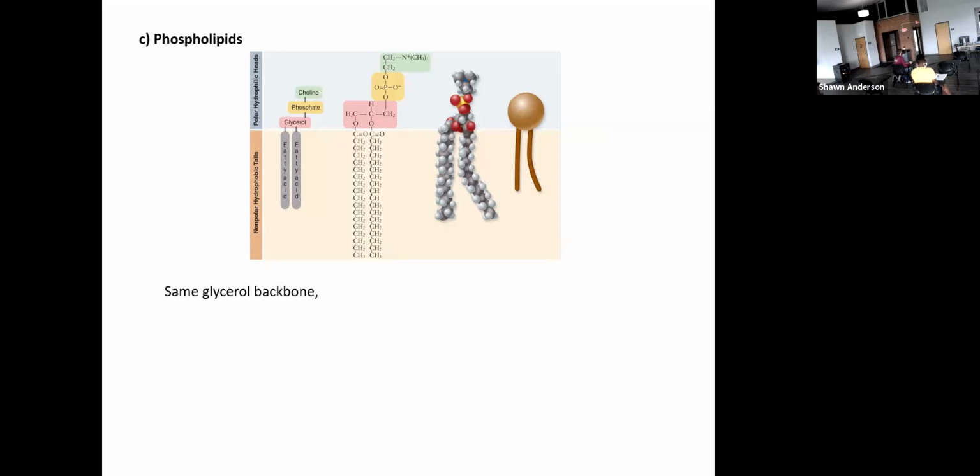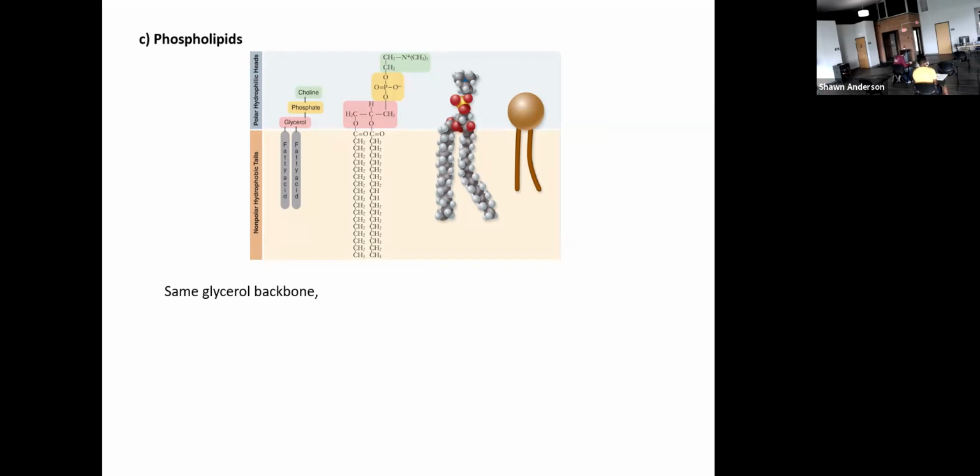We're gonna hit this, and then we're gonna back away for a moment because we're almost done today. Phospholipids. So we've done triglycerides. Well, first we started with fatty acids, their structure. Primarily hydrocarbons, saturated or unsaturated.